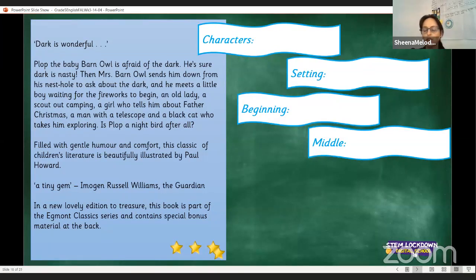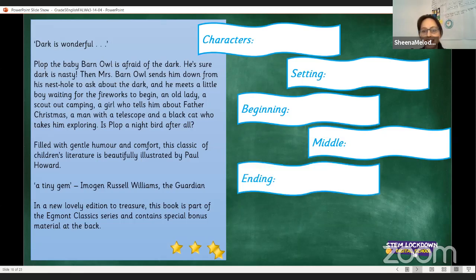So in the beginning of the story, he was scared of the dark and his mommy chased him out of the nest, like, go and find out why you're worried about the dark and why it's scary. And then he meets all these friends. He was convinced that the dark is not that scary. Okay, that's someone skipping ahead. Good thought, but that is the ending.